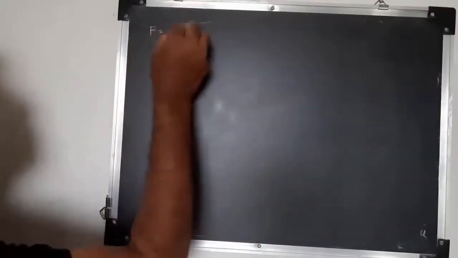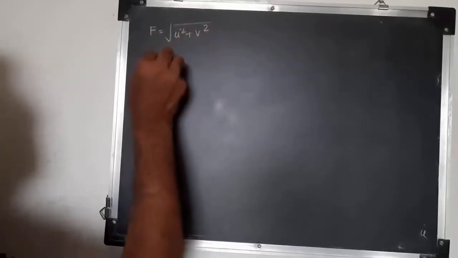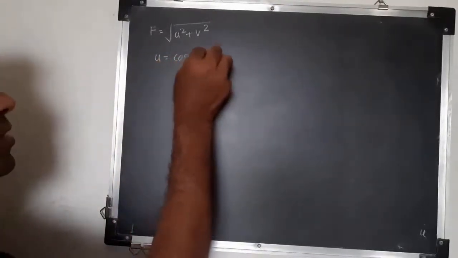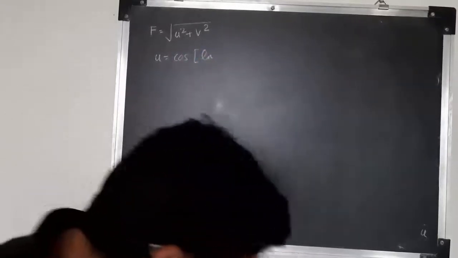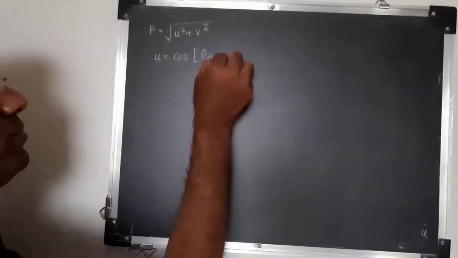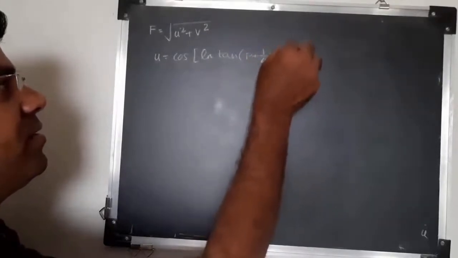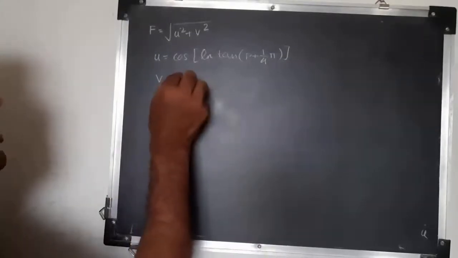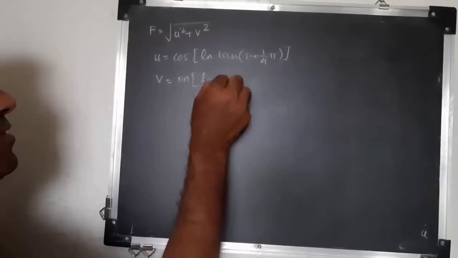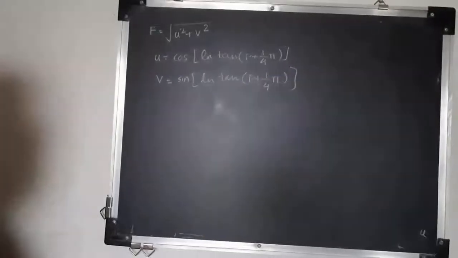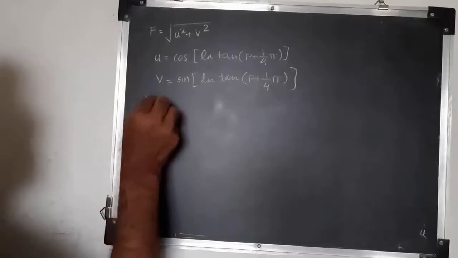The problem is very simple. f is equal to, suppose, the square root of u square plus v square, and u is cos of ln tan of (p plus 1/4 π), and v is sin of ln tan of (p plus 1/4 π). Now your aim is df/dp.